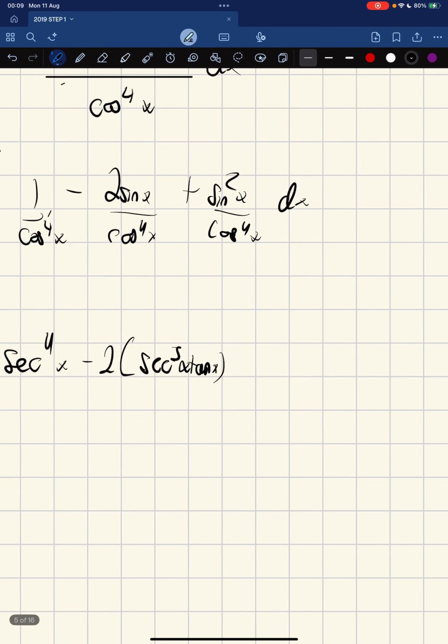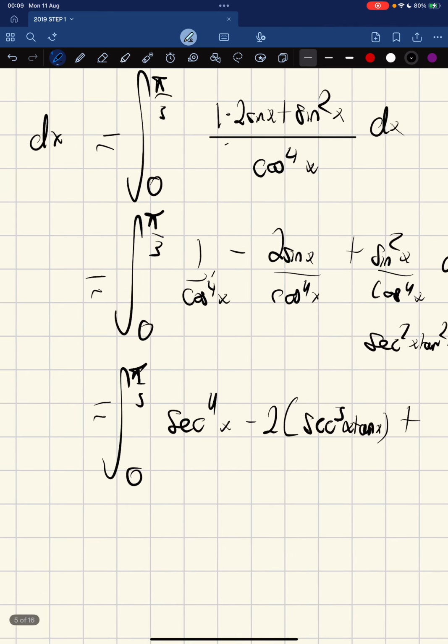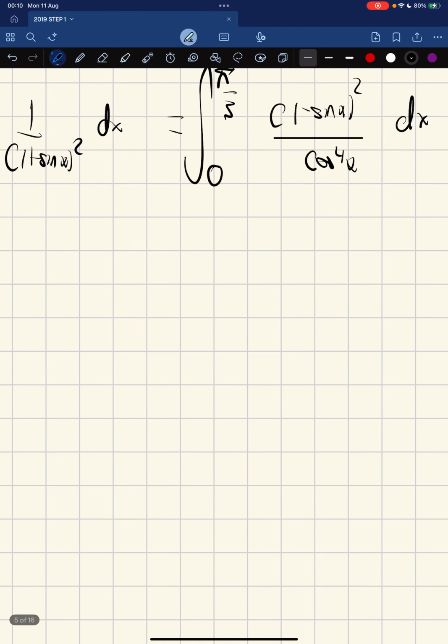Now this is going to be sec squared x tan squared of x, but we're going to hold on to this because if we go back to our Pythagorean, I'm just going to write over here sine squared x plus cos squared of x equals 1. Divide everything by cos squared this time, we're going to get tan squared of x plus 1 equals sec squared of x.